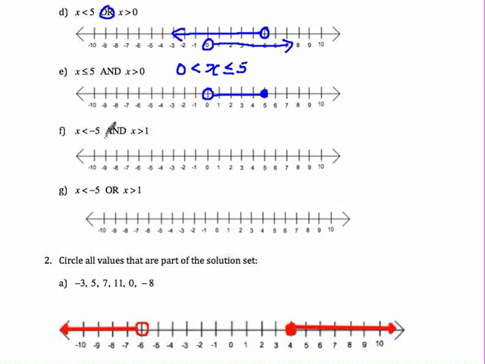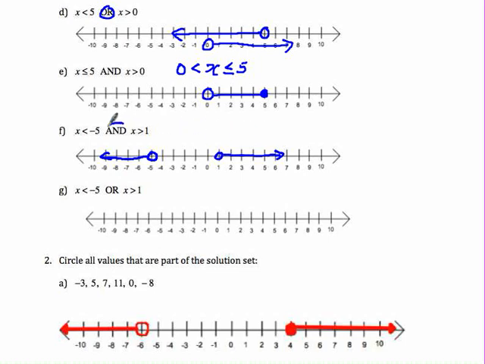Okay, now we have x less than minus 5 and greater than 1. You need to watch out for this question because it is in fact not a trick question but a tricky question. We have an open dot on minus 5 going to the left. We have an open dot on 1 going to the right.